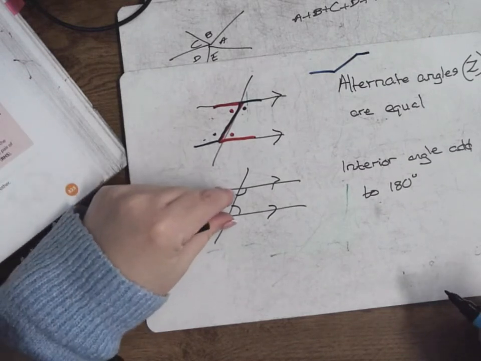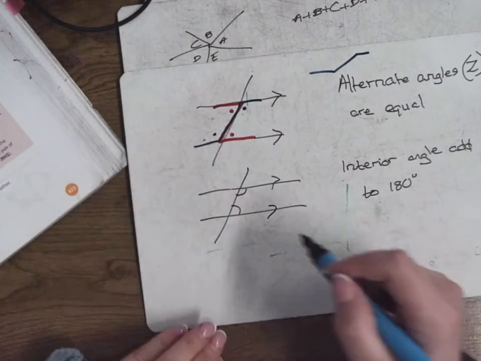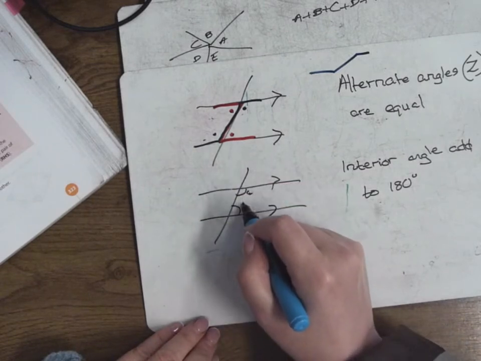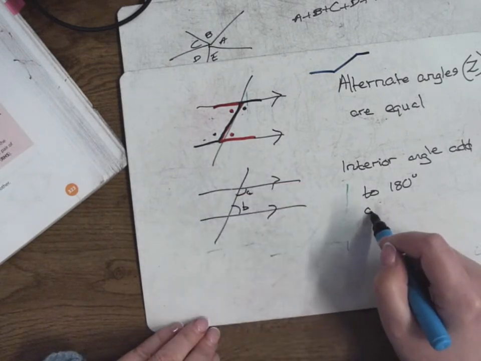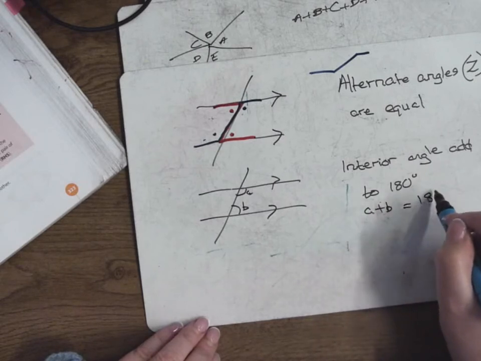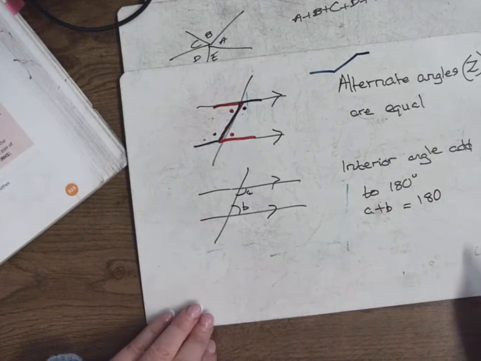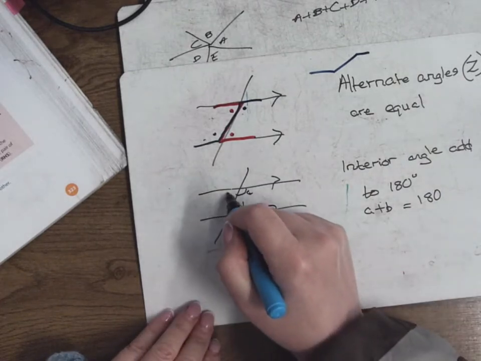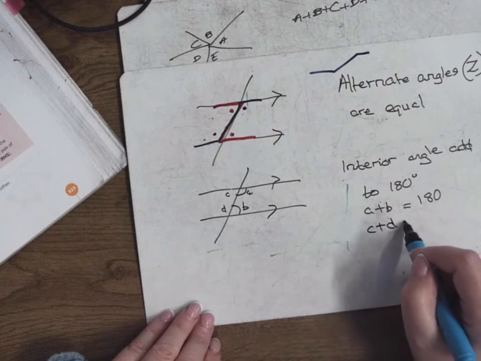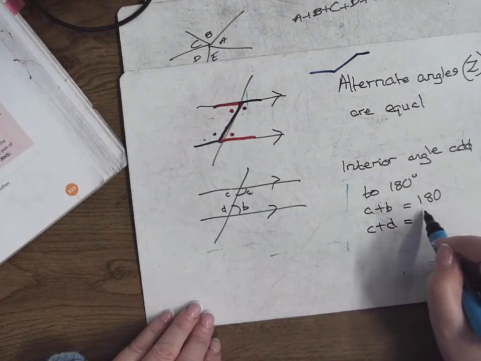So they're in between the parallel lines and they're on the same side as the transversal. So A and B, so A plus B will add to 180 degrees. Right, and then I could have C and D. C plus D will also add to 180 degrees.